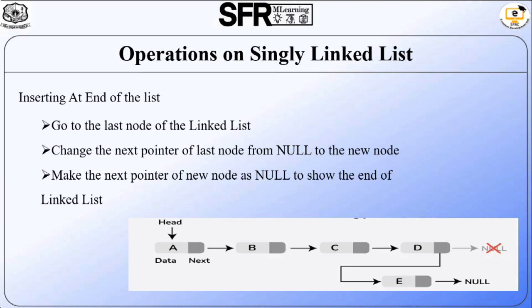Change the next pointer of the last node from null to the new node. We just change the pointer value. Then make the next pointer of the new node null to show the end of the linked list. We simply add the value and add null in the new node.